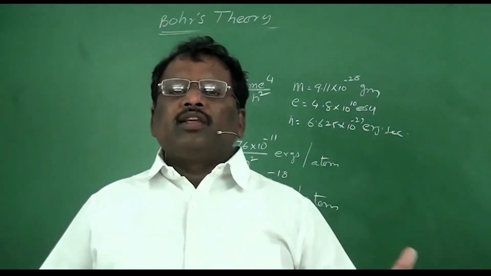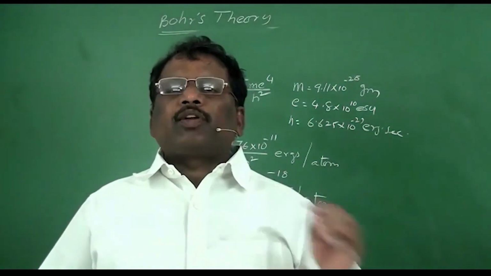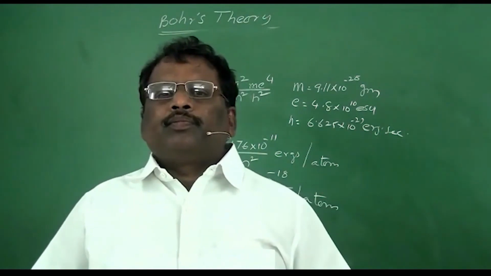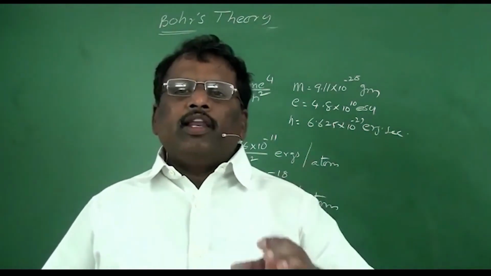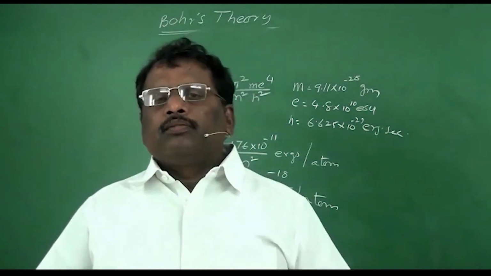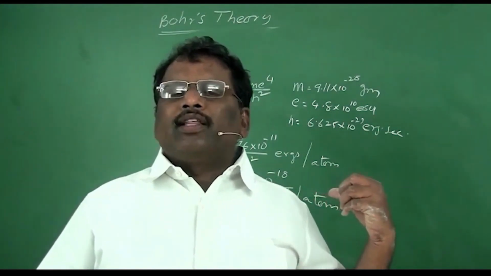So the radius of hydrogen is approximately equal to it. This proves that Bohr's expression for the radius is correct. Similarly, the ionization energy of the hydrogen atom proves Bohr's expression for the energy of the energy levels.